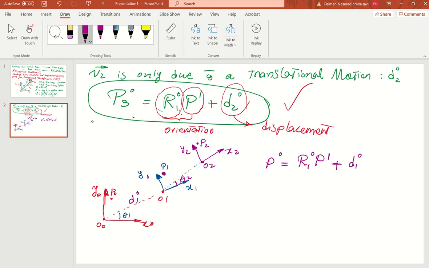Now P with respect to 1 is equal to R2 with respect to 1, times P2, plus D2 with respect to 1. Understand?